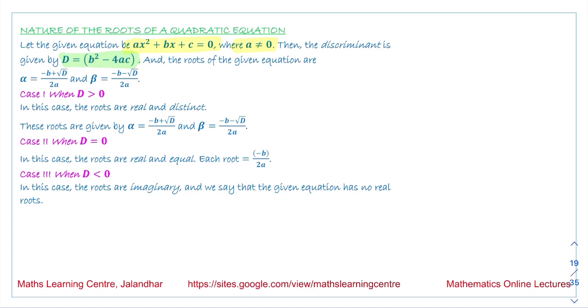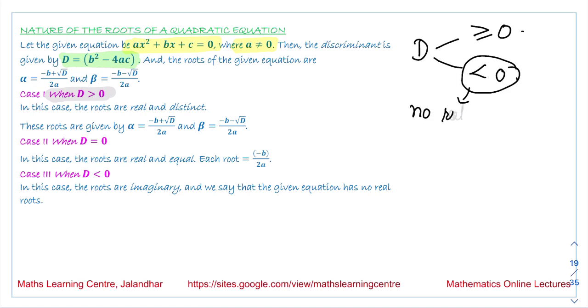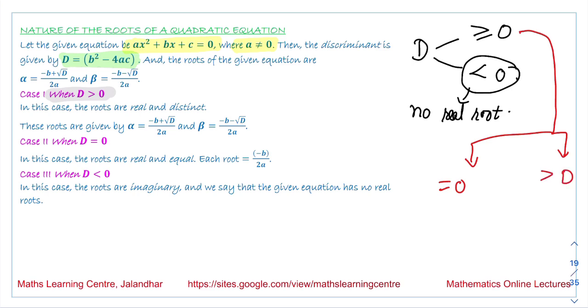4ac. This condition we have already studied. There are two things, either d is greater than or equal to 0 or d is less than 0. When d is less than 0, there is no real root, and when d is greater than or equal to 0, then two cases are there, either d is equal to 0 or d is greater than 0.